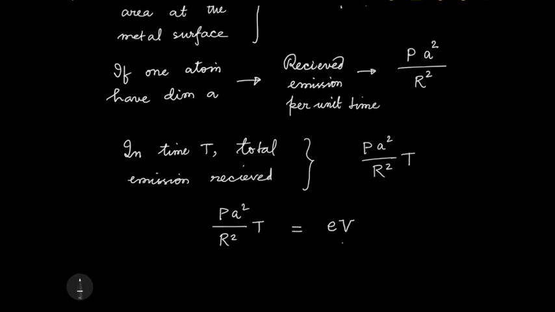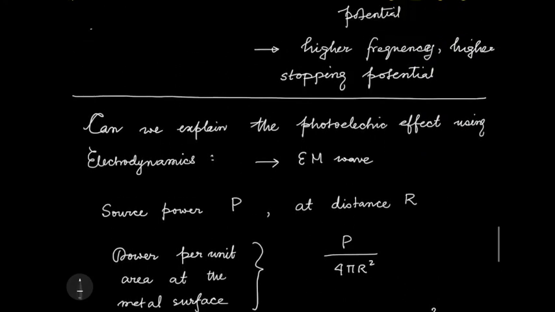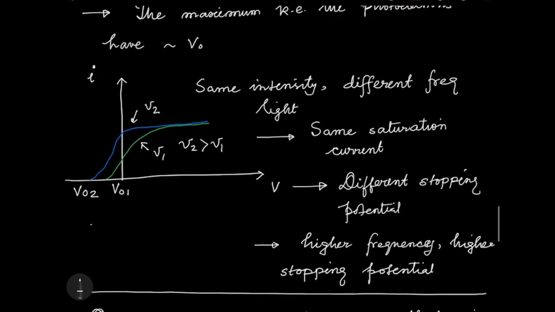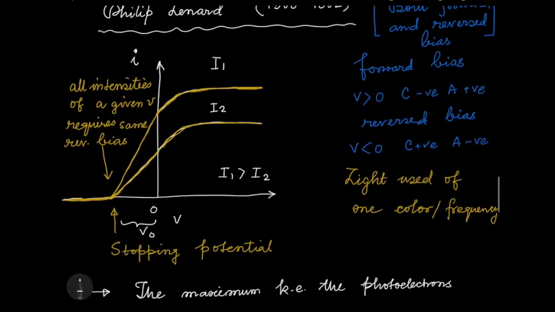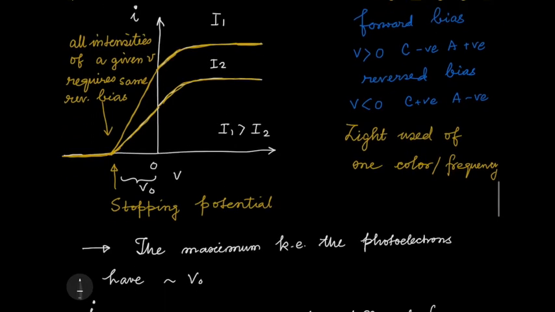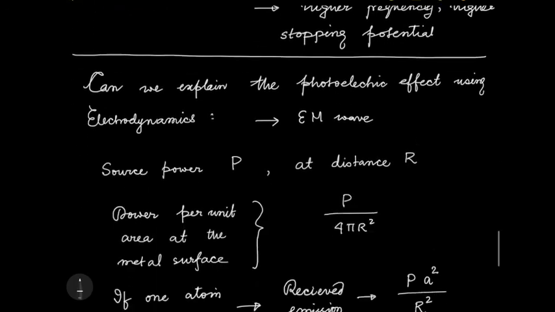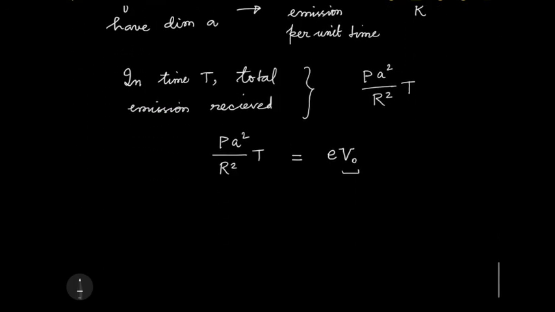So this eV, this V is, let's call it V0, which is the stopping potential. Remember that the stopping potential gave us the maximum kinetic energy the photoelectron can have, right? So these electrons which have come out of the metal should have at least this much energy. So V0 times e is actually in the proper energy unit.